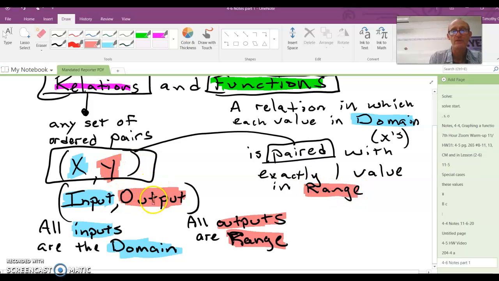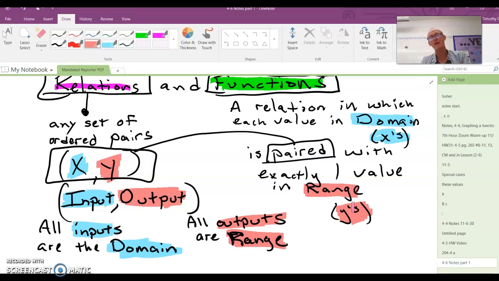So all the outputs are the range of the function. So a function is a special relation in which each value in the domain, or the X's, is paired with exactly one value in the range, the Y values. Your X's and Y's, or inputs and outputs, make up the domain and the range.